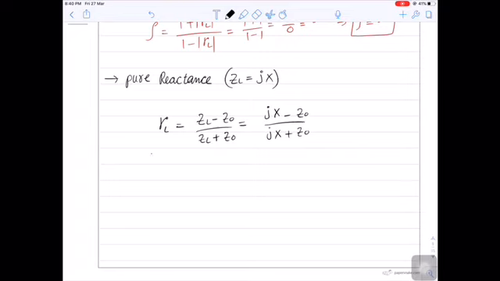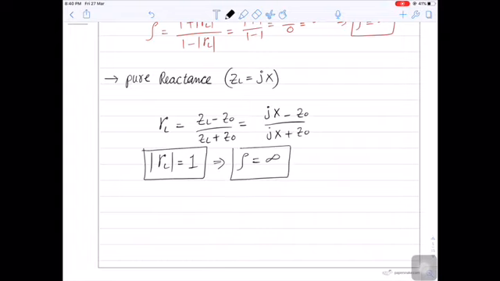If you try to write the magnitude of gamma L, its value is equal to 1 in this case, which implies the voltage standing wave ratio rho equals infinity. Even in this case, if the transmission line is terminated with a pure reactance, then the total voltage is reflected back.